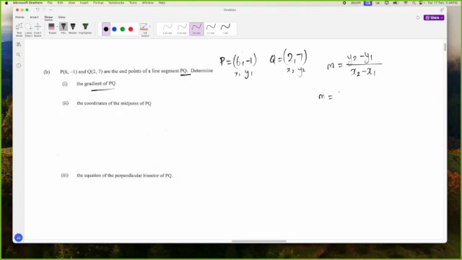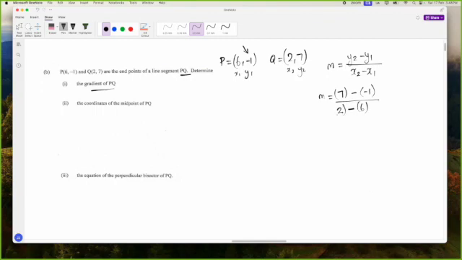y2 is 7, use your brackets, minus y1 which is -1. You see why I say use your brackets, right? All over x2 is 2, minus x1, which is 6.